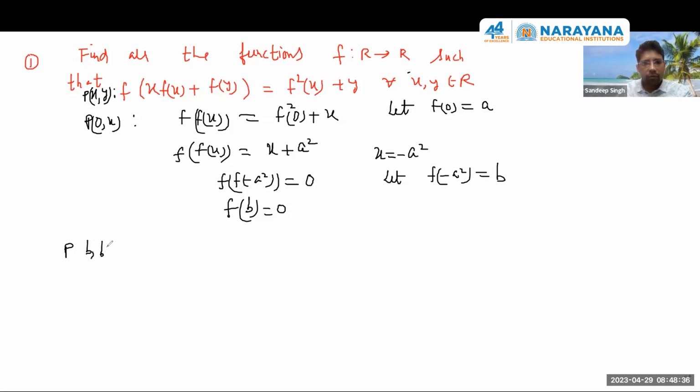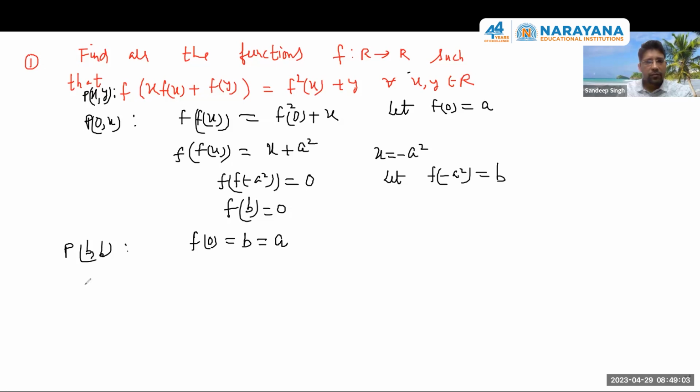Let us try P of b comma b. B is 0, f of b is 0, so this will provide me f of 0 and f of b. So the value of f of 0 is b. And f of 0 is also a. That means a and b are equal.